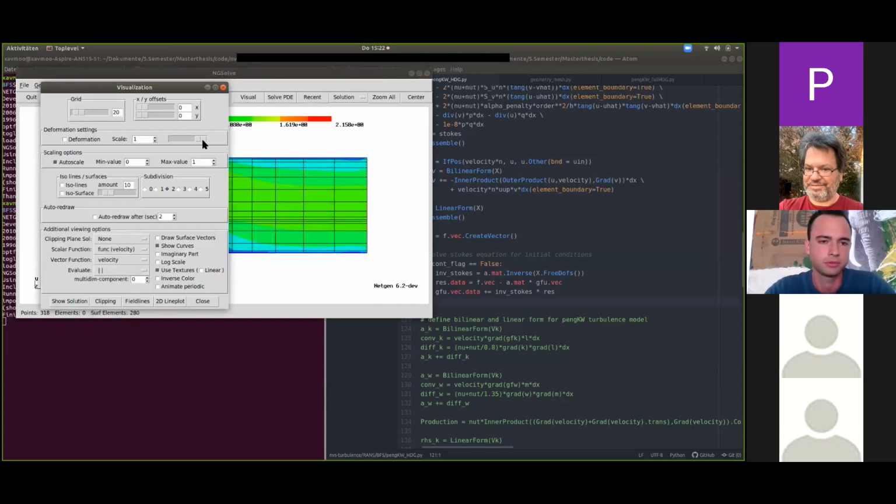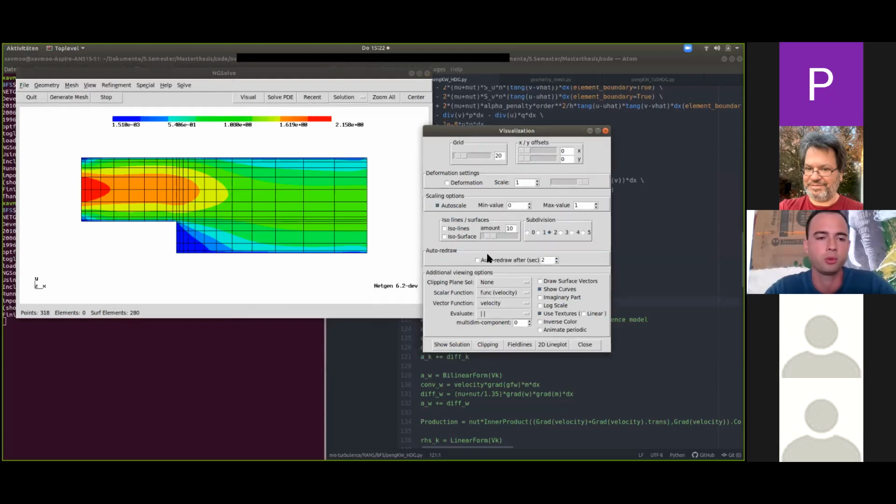So this would be our initial velocity field, which should just act as a kind of guess, which doesn't seem very correct.